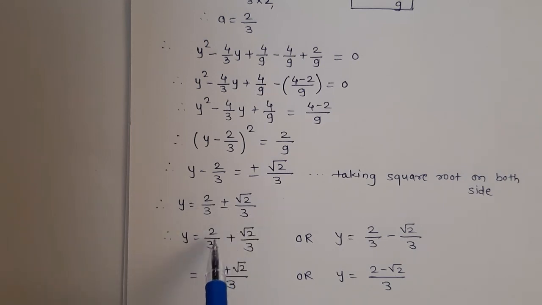So y equals 2 upon 3 plus root 2 upon 3, or y equals 2 upon 3 minus root 2 upon 3. So it equals 2 plus root 2 upon 3 or 2 minus root 2 upon 3. Therefore 2 plus root 2 upon 3 and 2 minus root 2 upon 3 are the roots of the given quadratic equation.